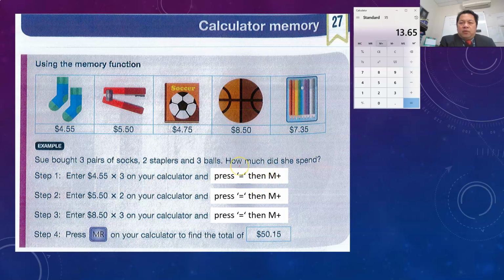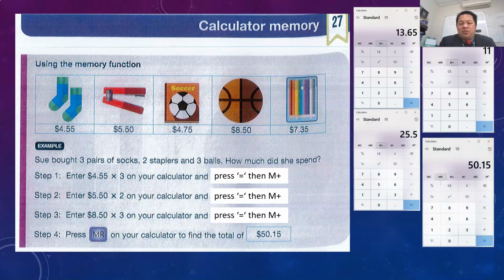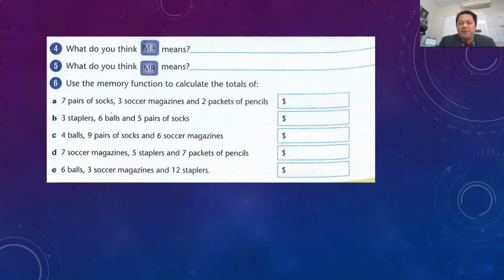So for those who are using the computer calculator, you need to press equals first, then M plus. Then you continue the steps, and after that you press MR. M plus is memory plus, MR is memory recall. You just carry on, and then eventually I get the same answer.